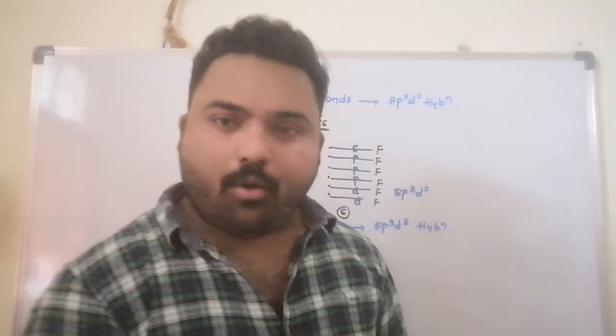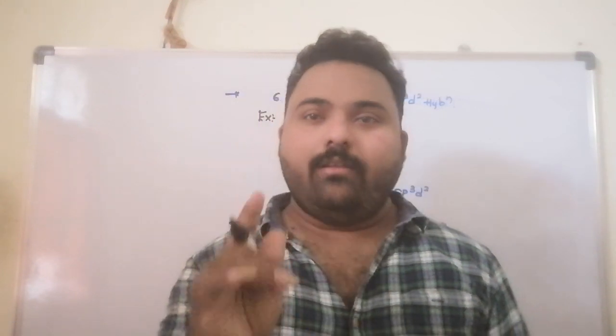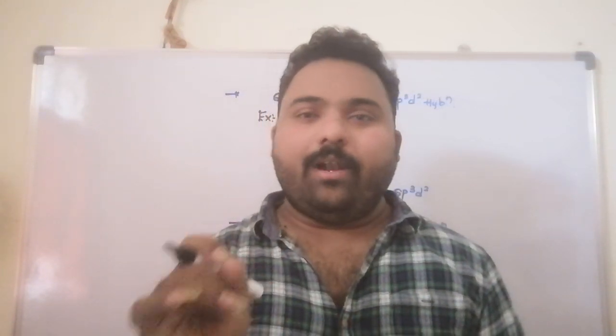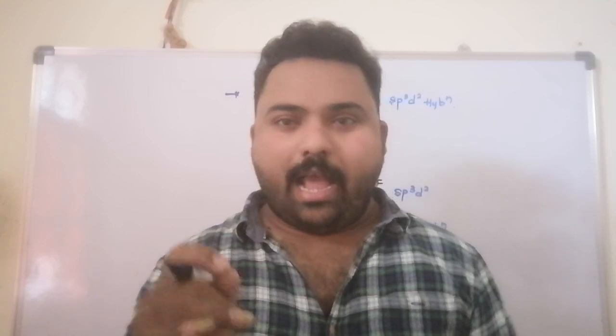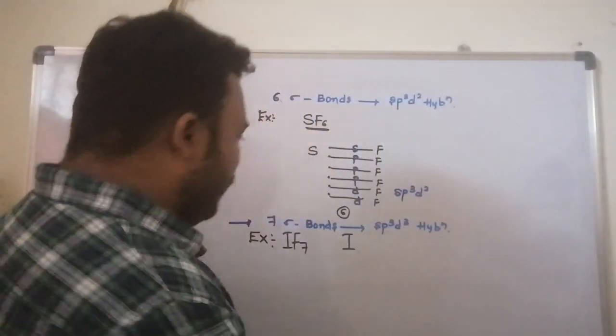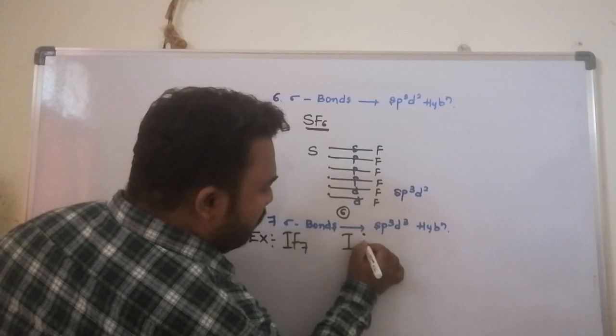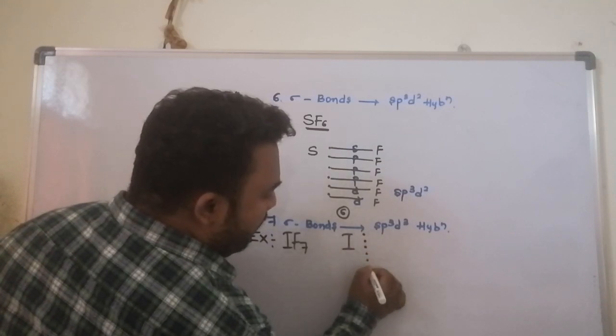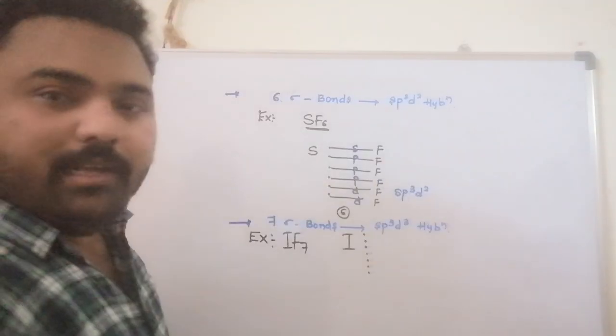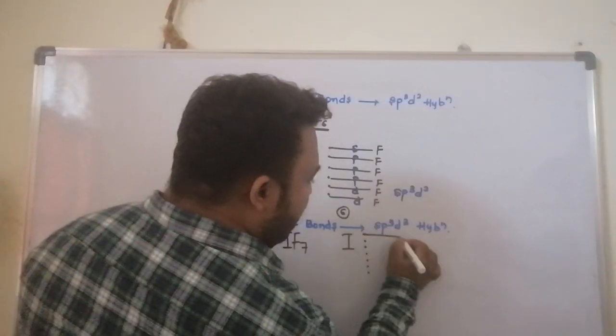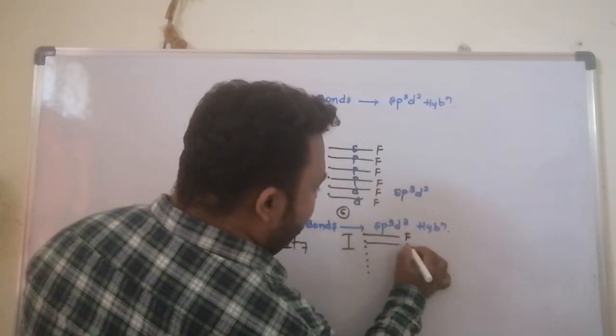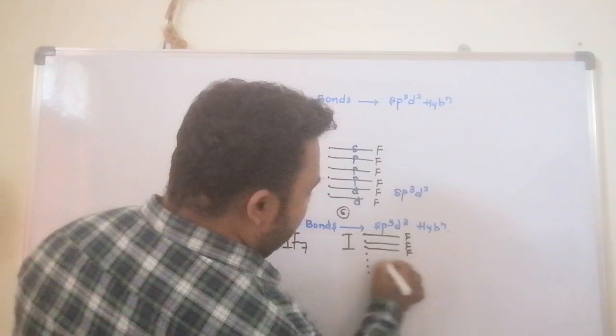Iodine is the central atom. Iodine belongs to the 17th group, the halogen family. So it has 7 valence electrons: 1, 2, 3, 4, 5, 6, 7. These 7 valence electrons are bonded with 7 fluorines.